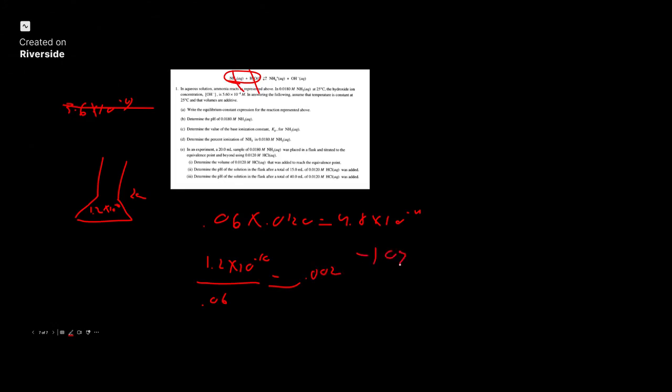Then you do the negative log of 0.002. Now this won't give you the pOH anymore because there's just acid now. So now there's HCl left, so there's no point doing pOH. This will give you your pH instantly, so negative log of 0.002, which is then 2.69, and that's your pH.